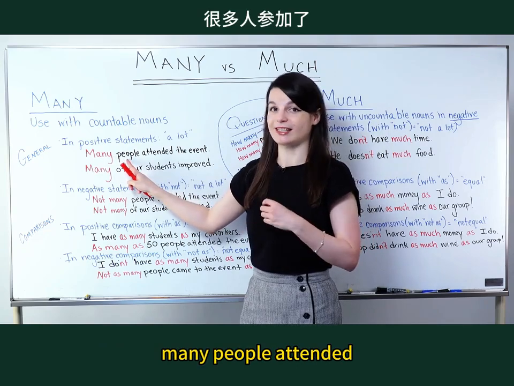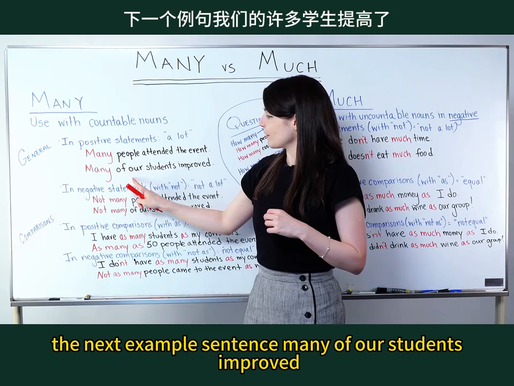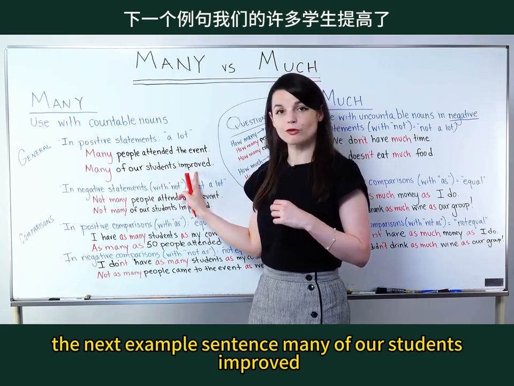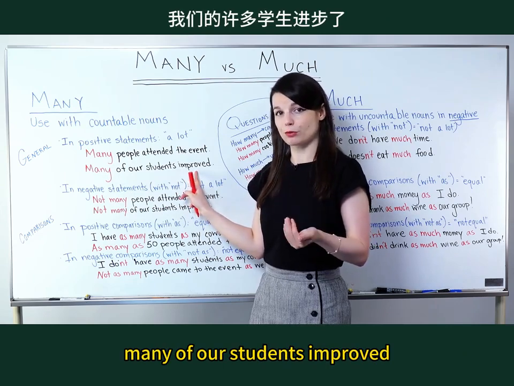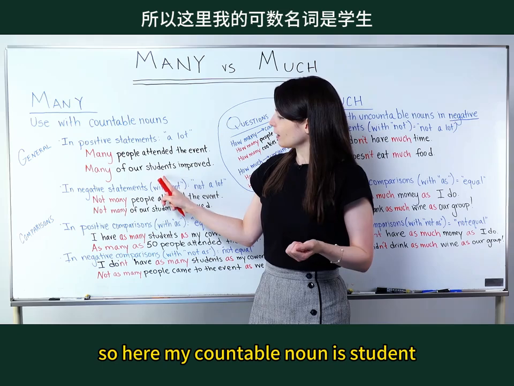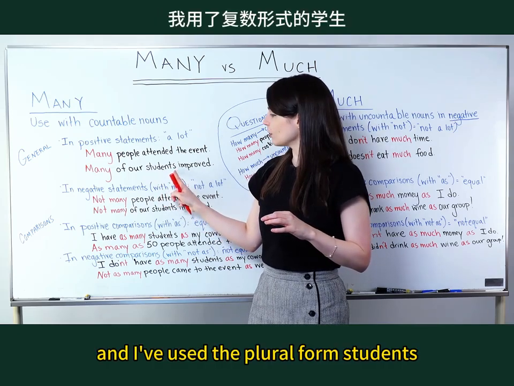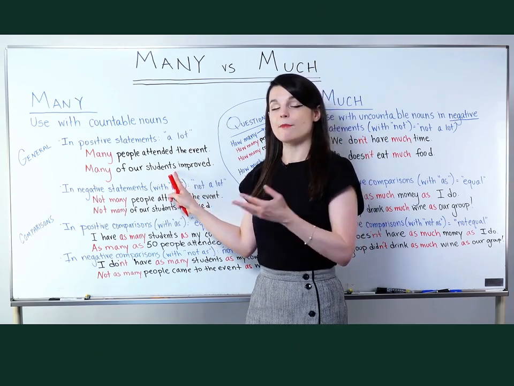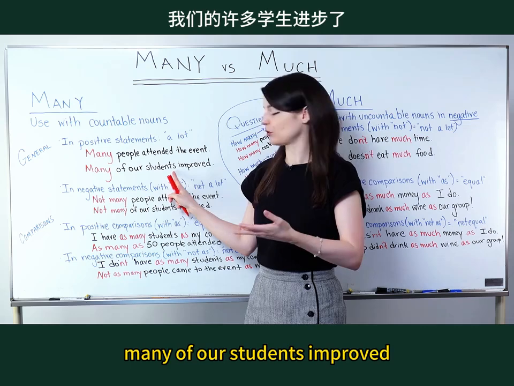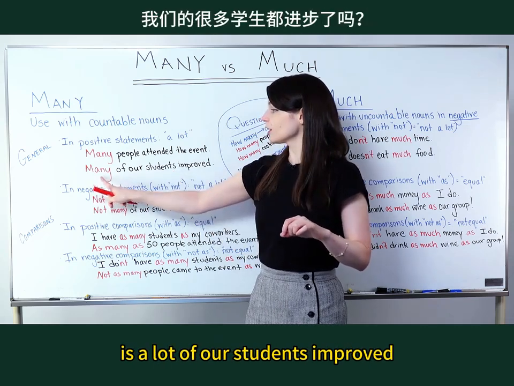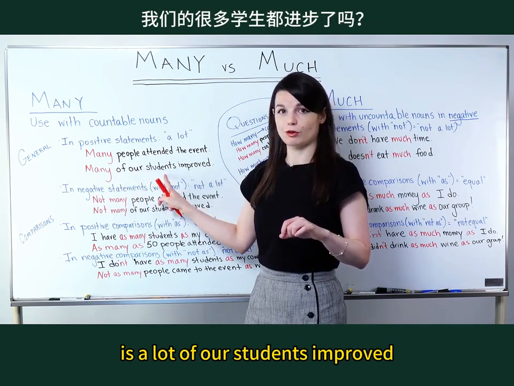Many people attended. The next example sentence: many of our students improved. So here, my countable noun is student, and I've used the plural form students. Another way to understand this sentence is a lot of our students improved.